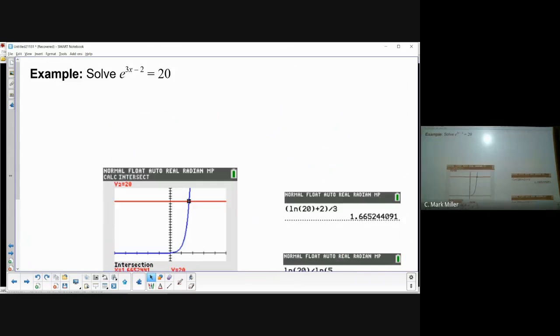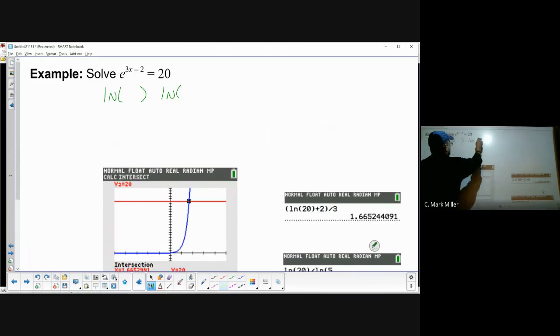Moving on. Well, we do have natural log here. We have log base e. So natural log is the natural one to use, right? So you're going to do natural log of the left equals natural log of the right.